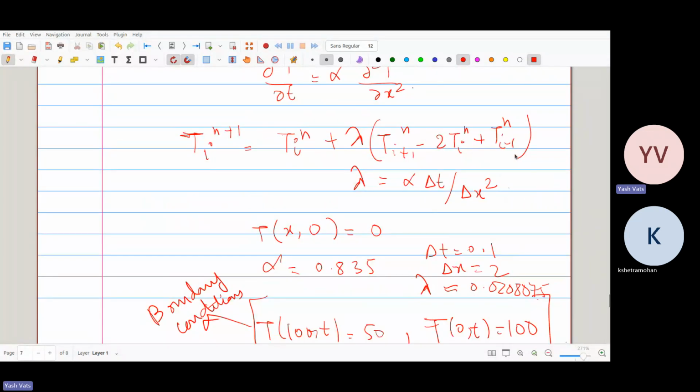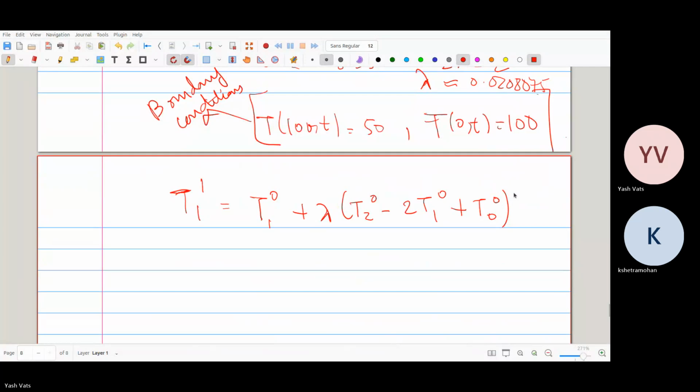If you substitute it over here, then you find this value. What is T_1^1? You got the value of T_1^1, which is dependent again on T_1^0, T_2^0, and T_0^0.